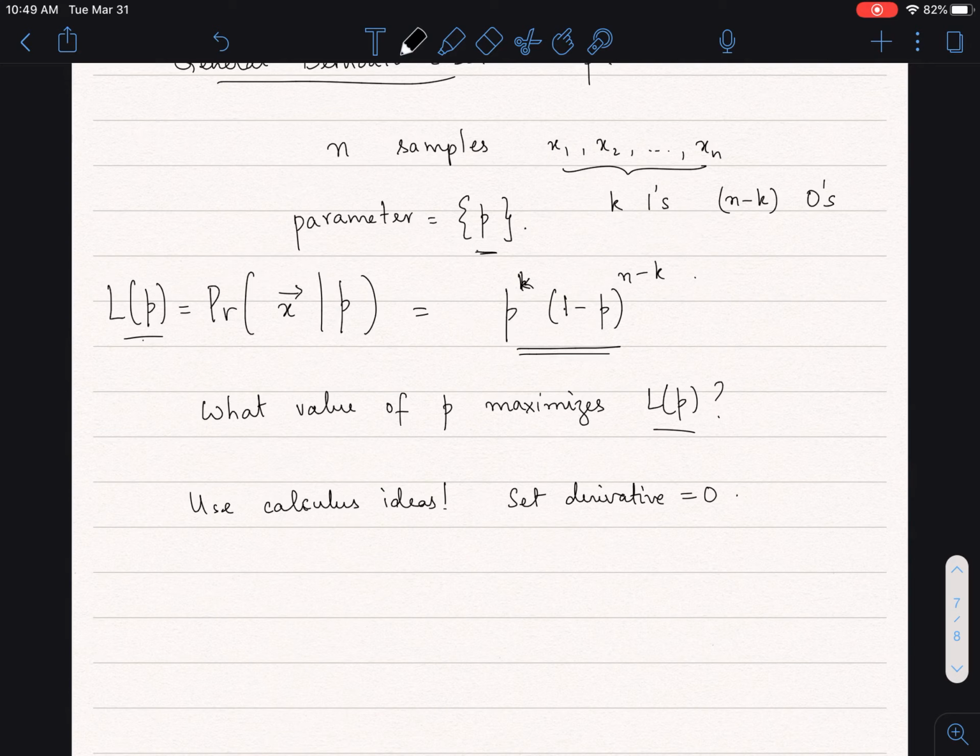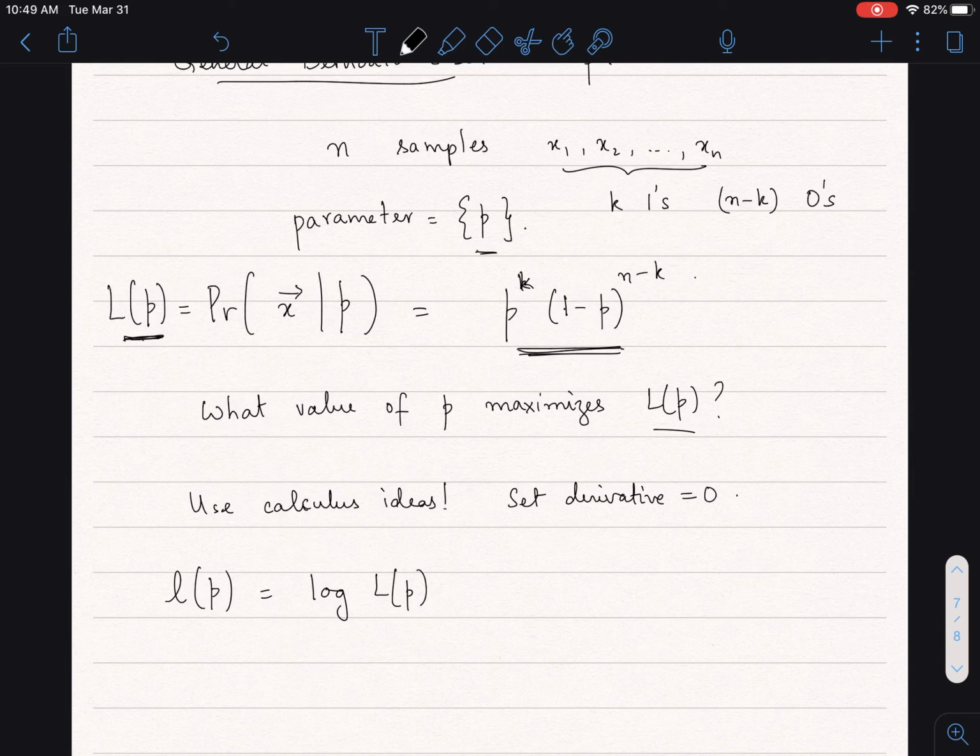Now this function is a bit messy to take the derivatives of. So what we do, which is in fact a very common trick, is not to work with the likelihood itself, but to work with the log of the likelihood. Let me use a different letter: small l of p equals log of L of p.